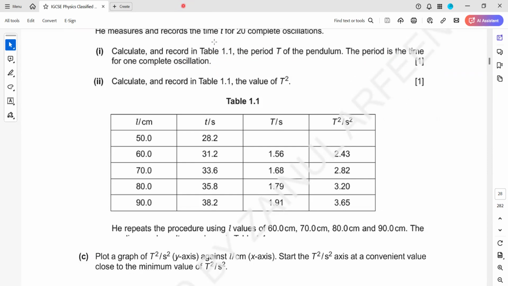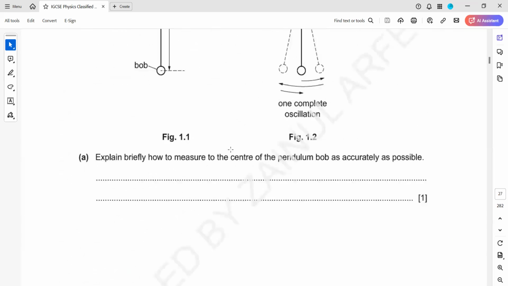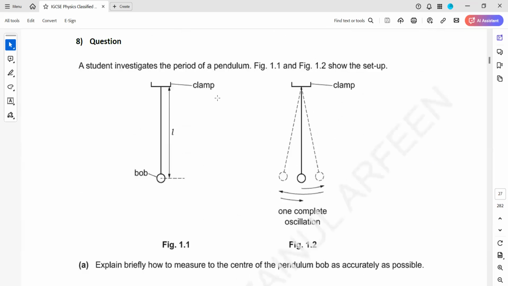So this T is a time. What is L? L is the length of the pendulum string till the center of the bob. The student measured this length from the point where he clamped the pendulum till the center.